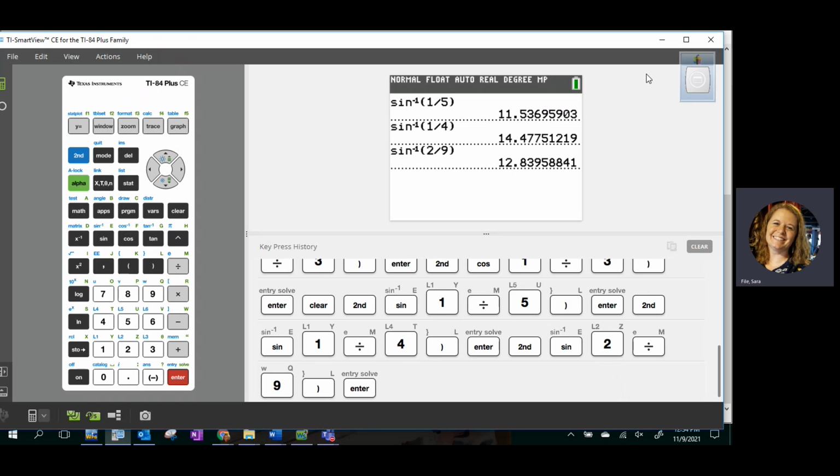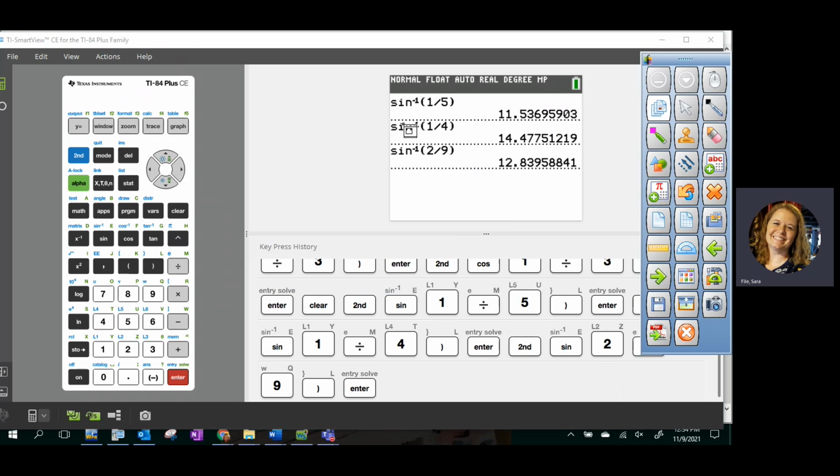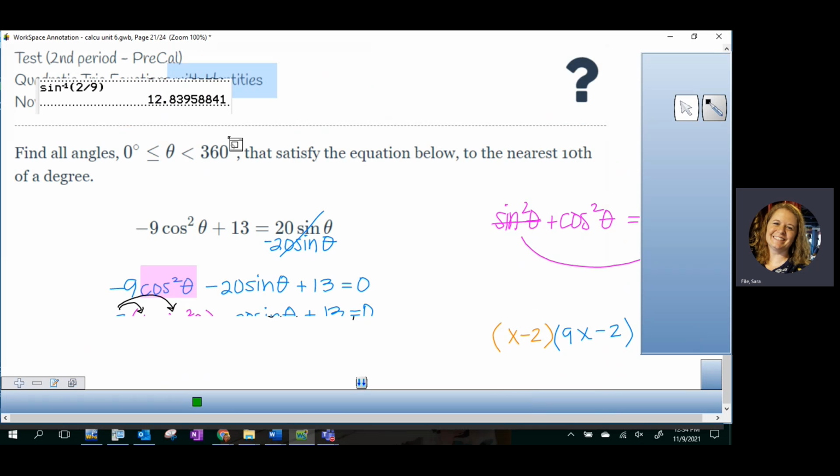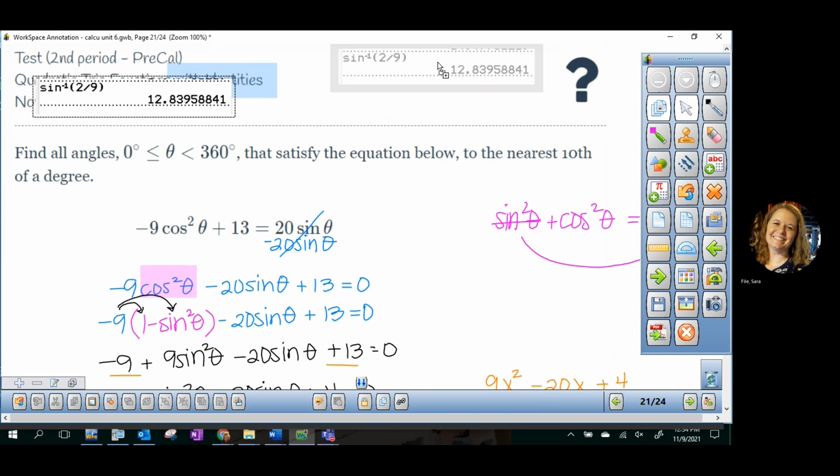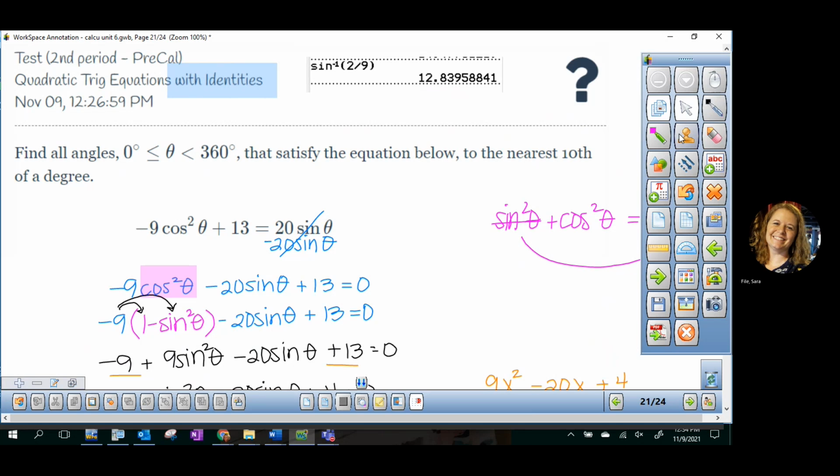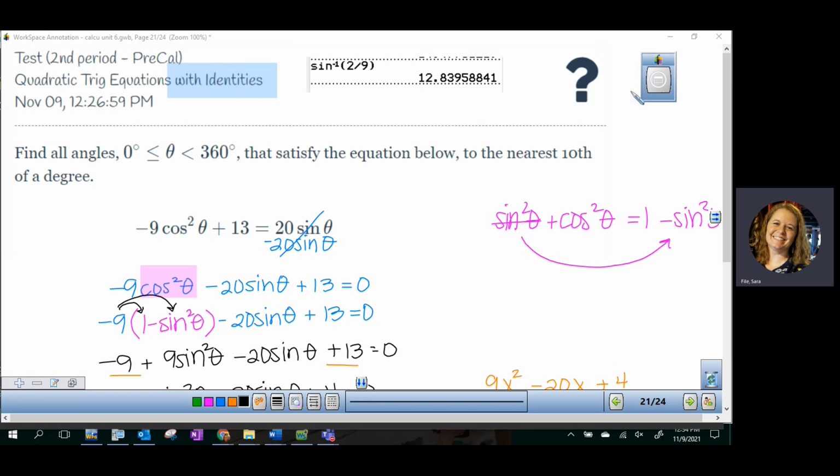And it's going to give me an answer that's in quadrant 1. So I still need to figure out where the equivalent angle is in quadrant what? What's the other quadrant where sine would be positive?